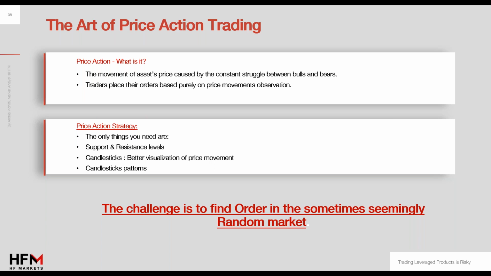So just to make you understand a bit how this works: who are the bulls and bears in the markets? Can anyone reply to this question? Who are the bulls and bears in the markets?